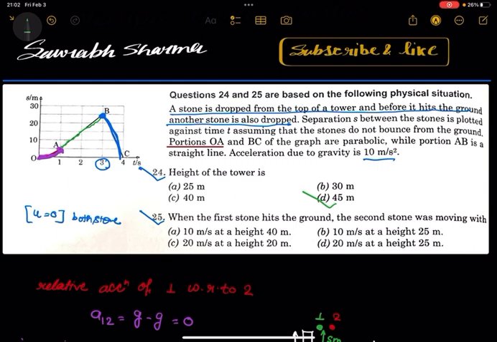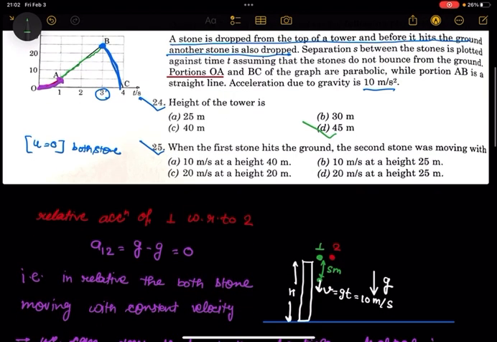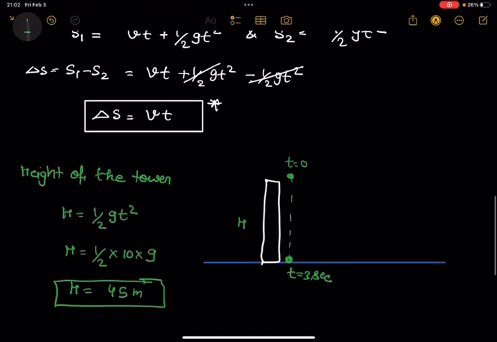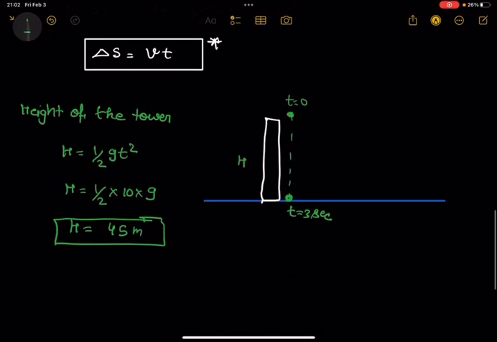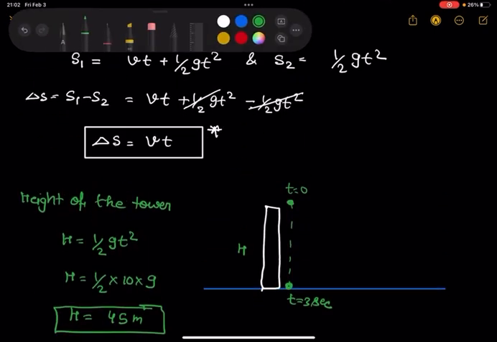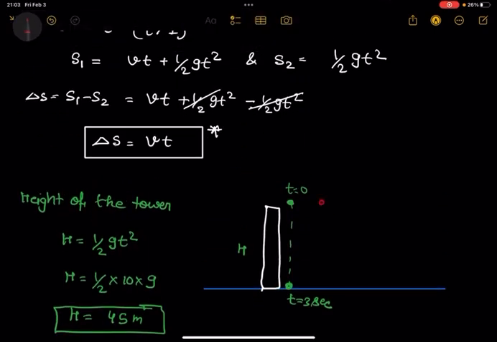Understood? Now I want to go with the next approach. When the first stone hits the ground, the second stone is moving. Stone 1 takes 3 seconds in total, but stone 2 starts its motion after 1 second. After 1 second, meaning at t equal to 1 second, the motion will start.